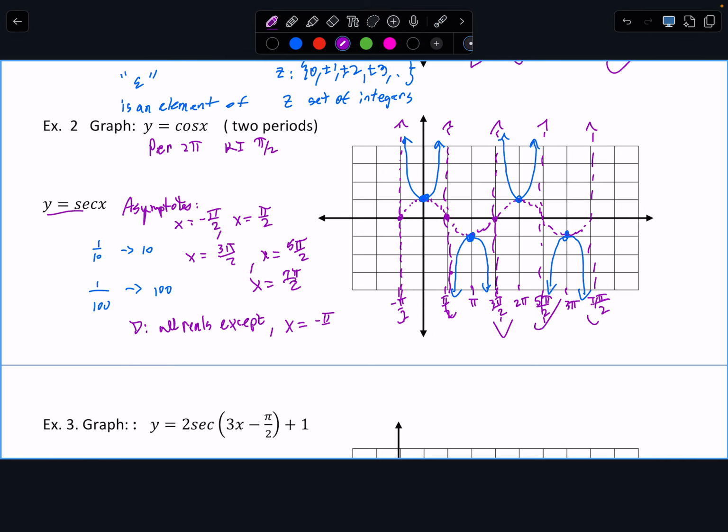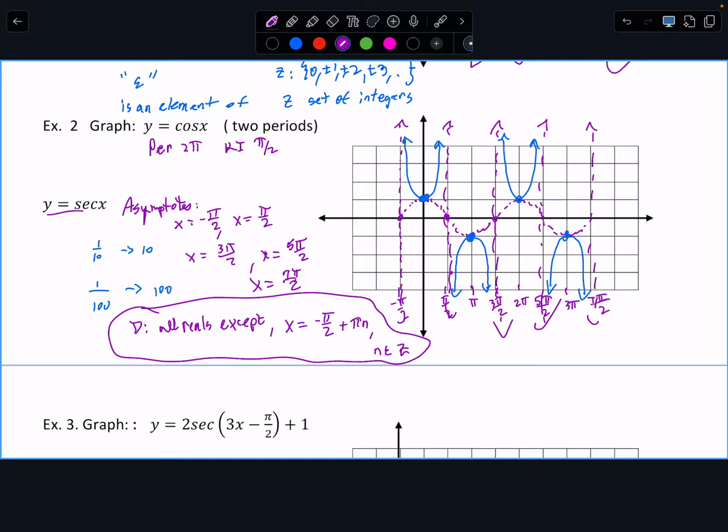So we'll start with negative pi halves. And then what you have to add to get to the next one is half the period, which is pi. So I need to add multiples of pi to this. And so negative pi halves plus pi n, where n is an element of the set of integers.